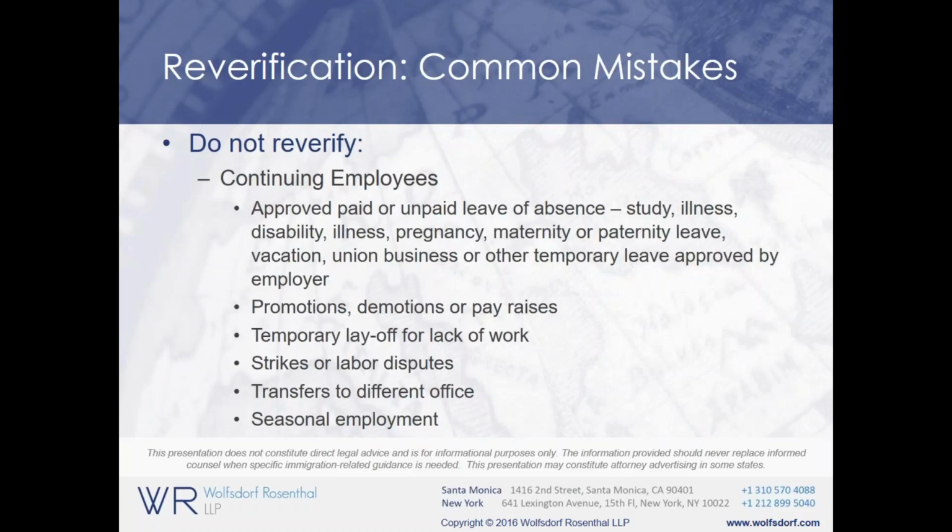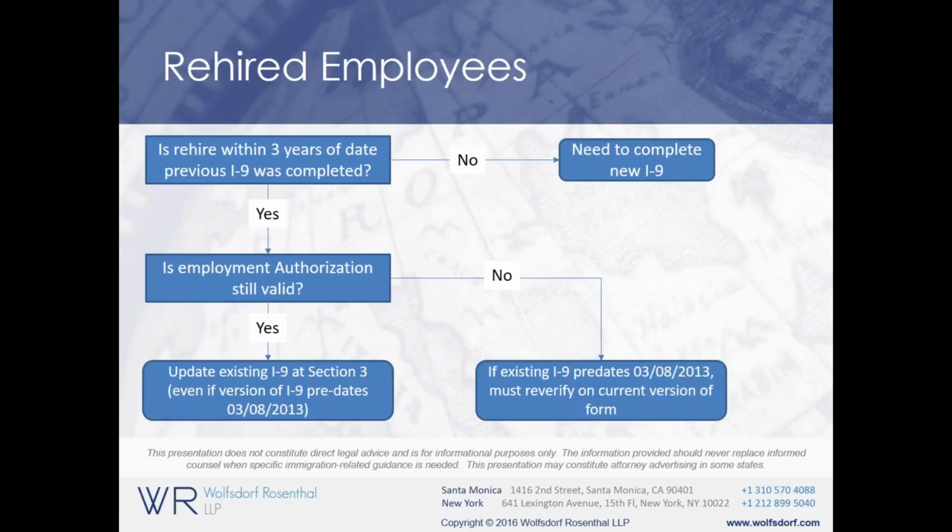You also do not need to re-verify continuing employees in situations where there's seasonal employment, for example. If you're rehiring within 3 years of the date that the previous I-9 was completed, then yes, the employment authorization is still valid. You have to update the existing I-9 at section 3.